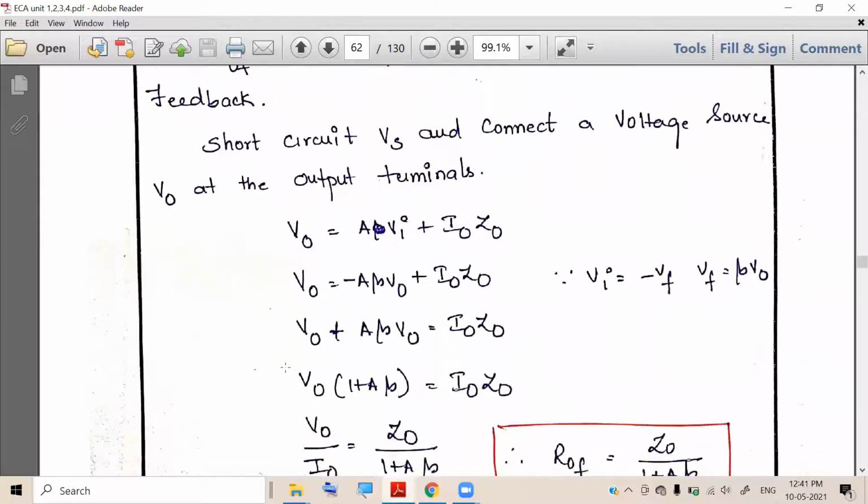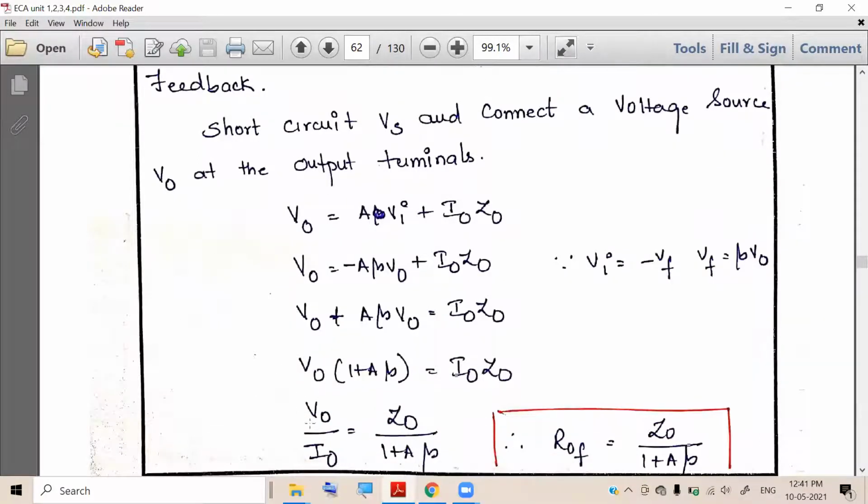So V0 by I0. Simply cross multiplying this I0 to LHS, and this 1 plus A beta we are cross multiplying to RHS. V0 by I0 we are getting Z0 by 1 plus A beta.